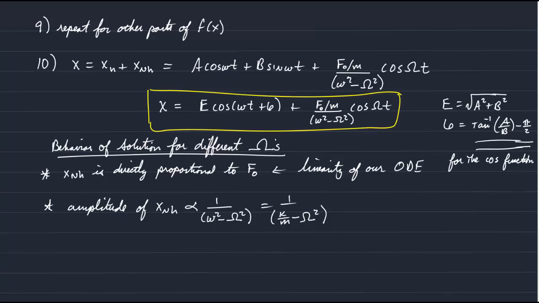So let's look at the amplitude of our response, and let's take the absolute value of that amplitude. So let's plot the absolute value of f naught over m over omega squared minus capital omega squared. In this case, we'll keep little omega, the natural frequency, constant, and we're just going to look at the effects of varying the driving frequency.